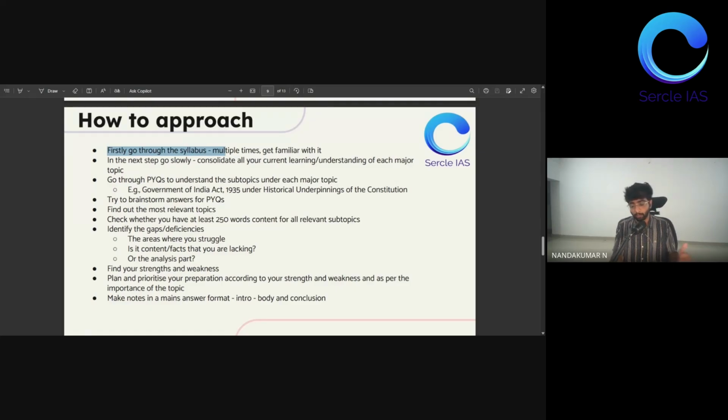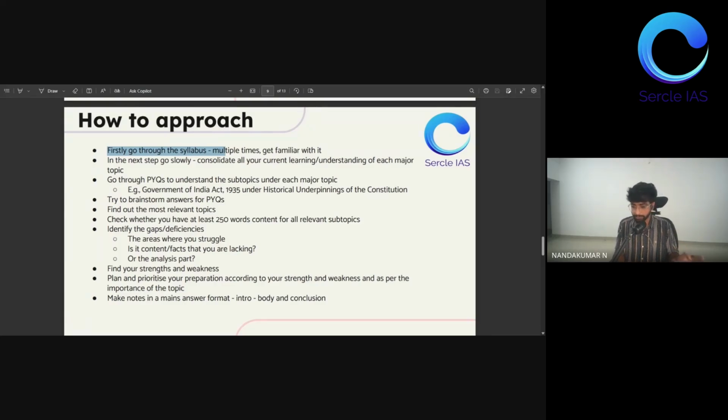And most of the questions are analytical. Definitely you would be struggling with the analysis part now, but we can develop that with the discussion on PYQs, etc. And once you find your strength and weakness, maybe the factual side is your strength, but in the analysis part, you are lacking.